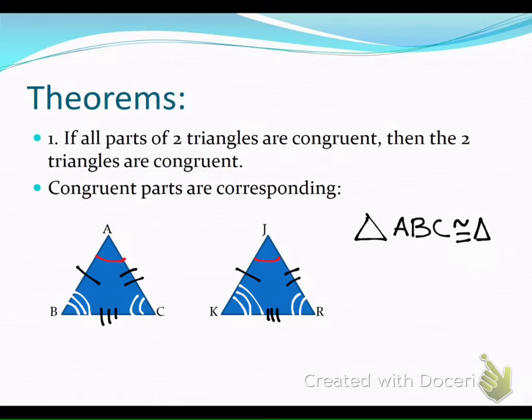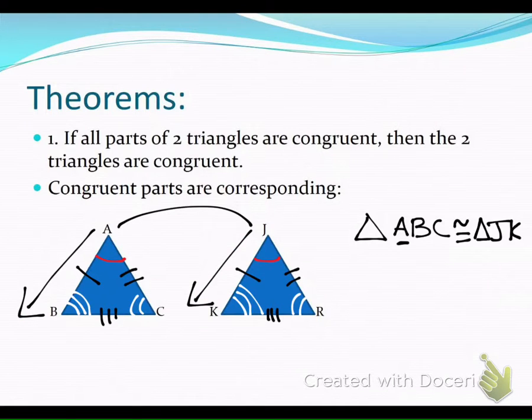So do you see how A and J are corresponding? So if you start with A, you have to start with J. And then you went down to B, so you have to go down to K. And then you went that way, so you have to go that way. So C and R. So the parts that are the same have to be in the same order.